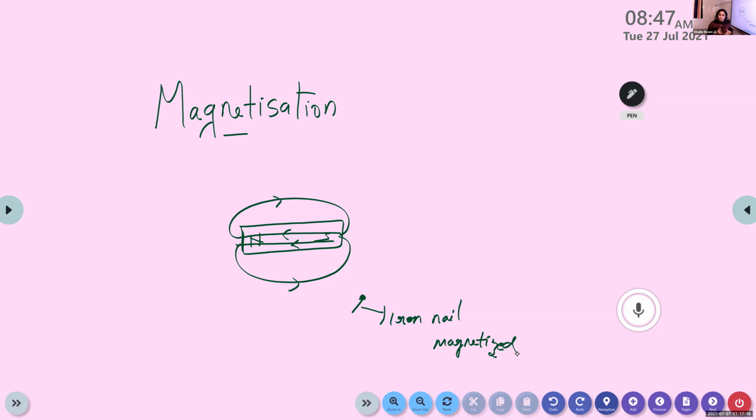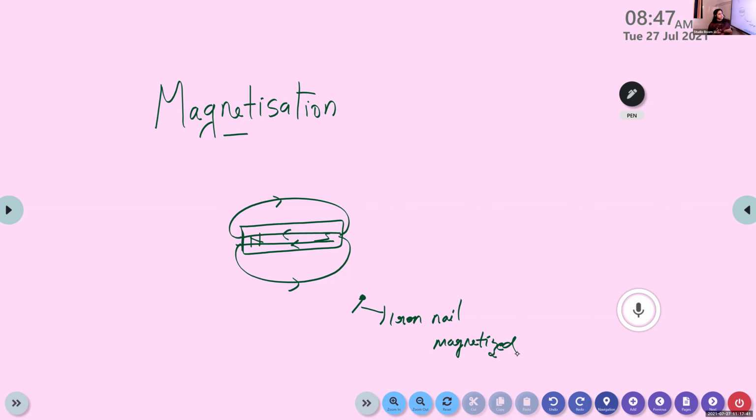Sometimes in our smaller classes, we do an experiment regarding magnetization. For that, we use a bar magnet and a hacksaw blade. We rub the bar magnet over the hacksaw blade. After some time we can see that the hacksaw blade behaves like a magnet. We can use it to attract pins or iron nails.